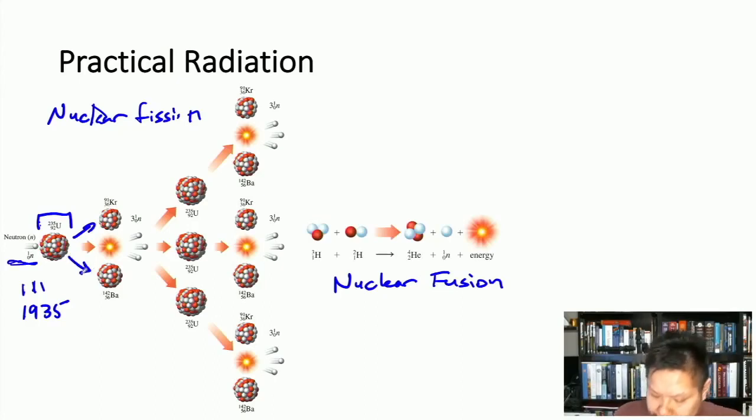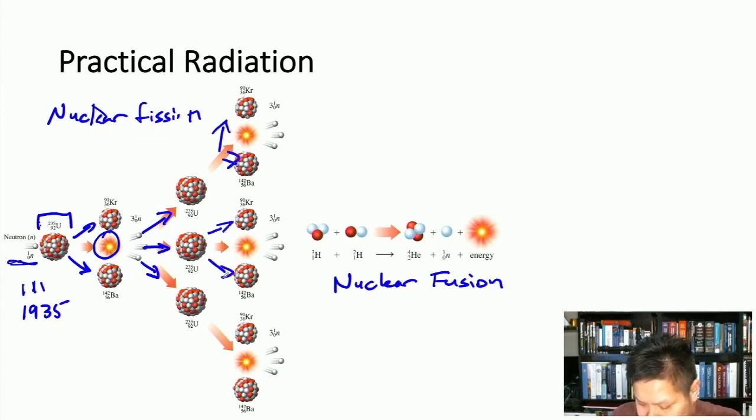But in that process, a lot of energy was produced, right? And in addition to the energy, more neutrons were produced. And those neutrons shot out and bombarded more uranium-235, which split again into krypton and barium. And again, the neutrons from that split continued to hit more uranium-235 and split again. And so what we call that is a nuclear chain reaction.